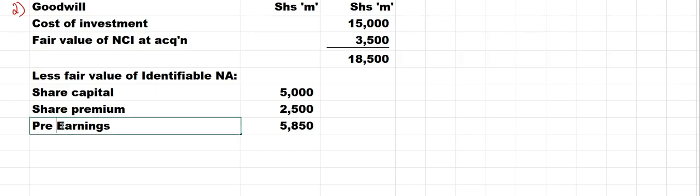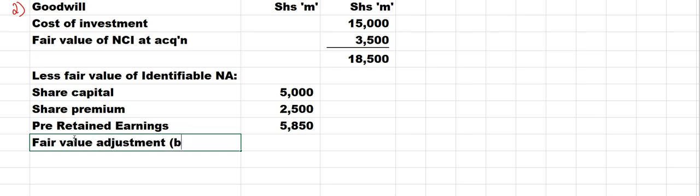Then we have to get the pre-acquisition earnings. The pre-acquisition retained earnings, that's additional note 1, is 5.85 billions. Then there is a fair value adjustment. We have to increase these net assets because they were understated. One of the items of PPE was understated.